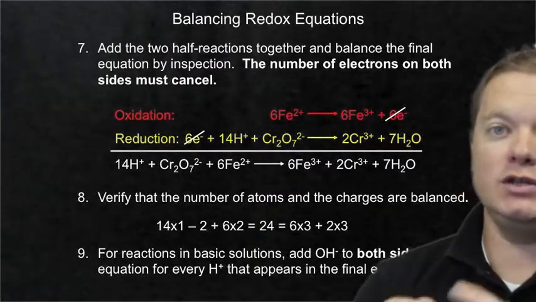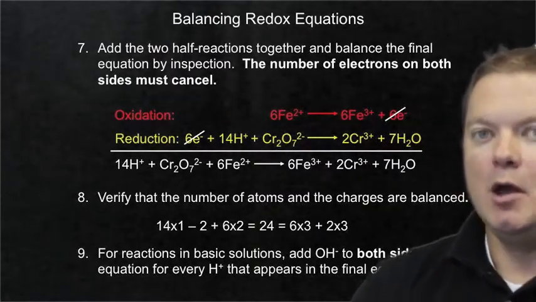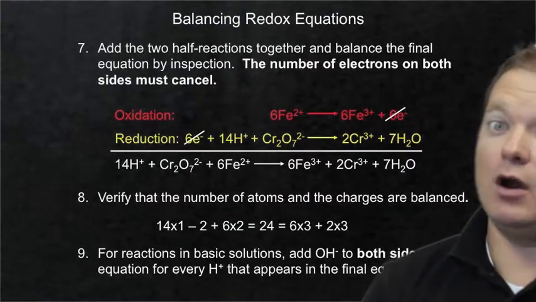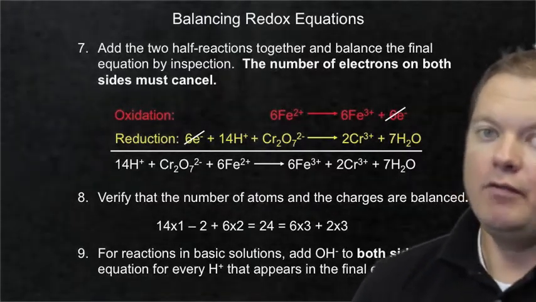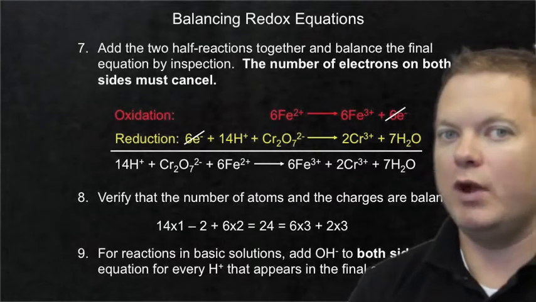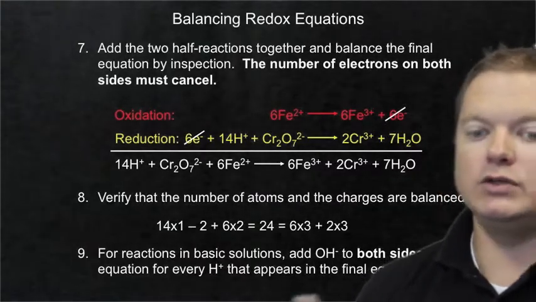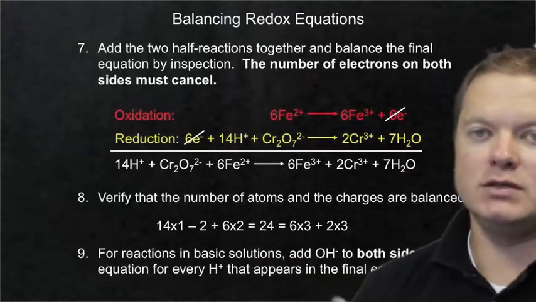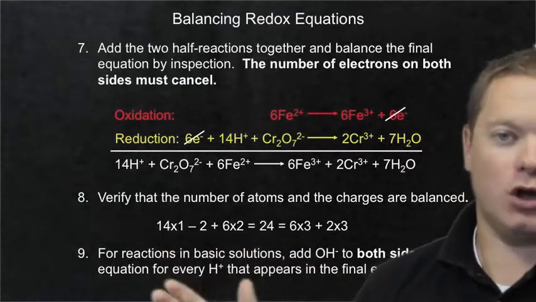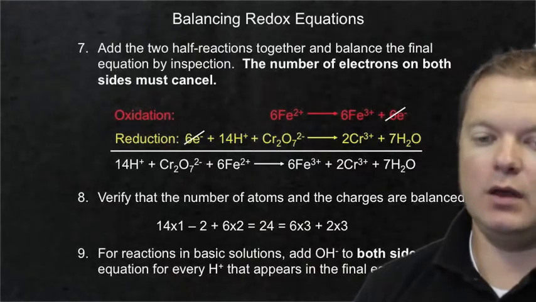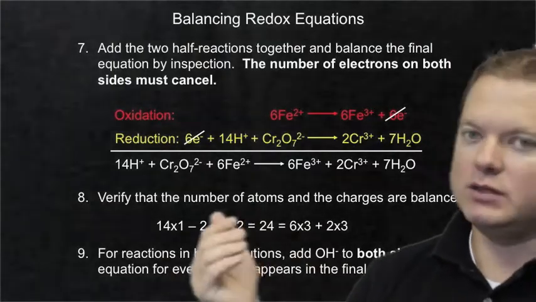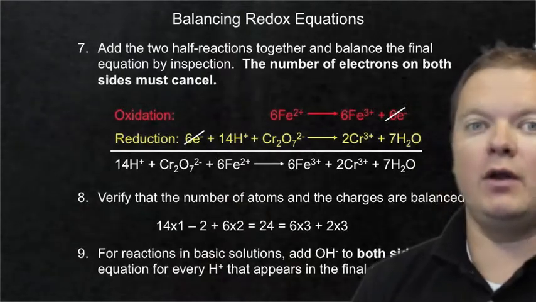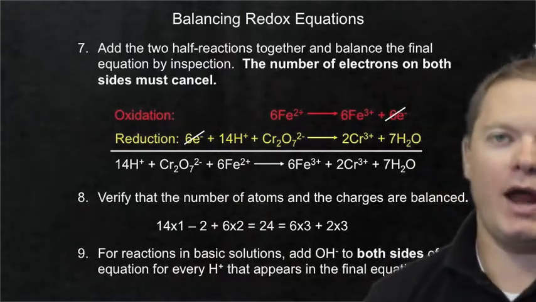Write an unbalanced reaction, separate into their half reactions, balance the number of species that aren't oxygen or hydrogen, then balance oxygens with water, hydrogens with H+, then balance the charge by adding electrons to one side or the other, make sure that the number of electrons that we have transferred are the same, add those two together, and then determine what type of reaction we are in.